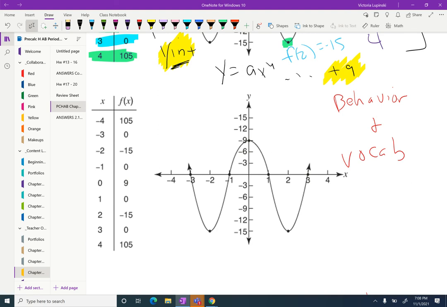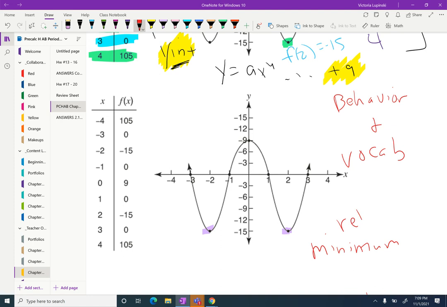Okay. So then again here, same graph, same table, but I just wanted to draw some other things on it. In terms of the behavior and the vocabulary, this here and this here would be examples of minimums.